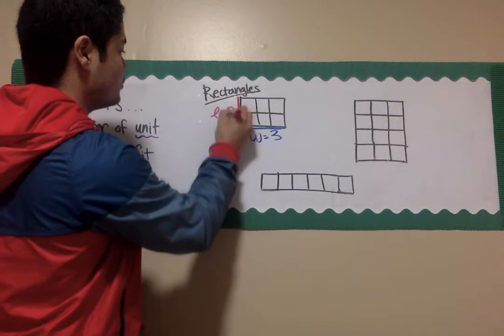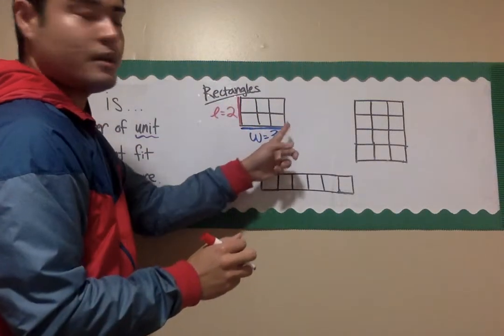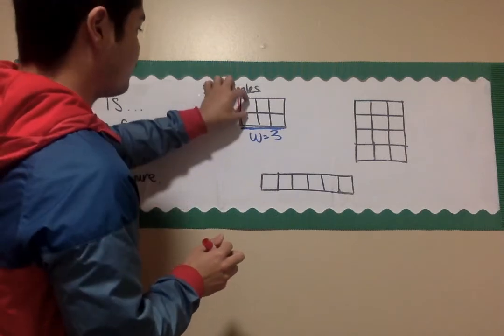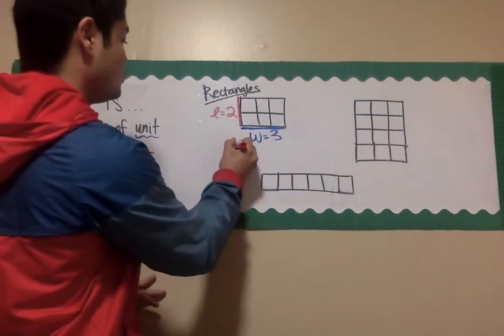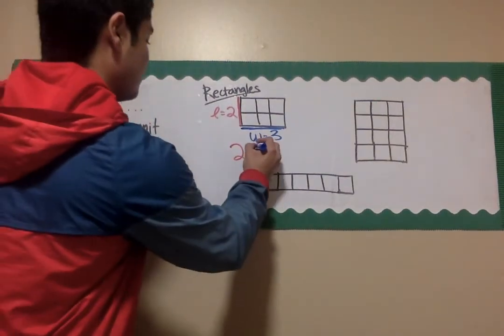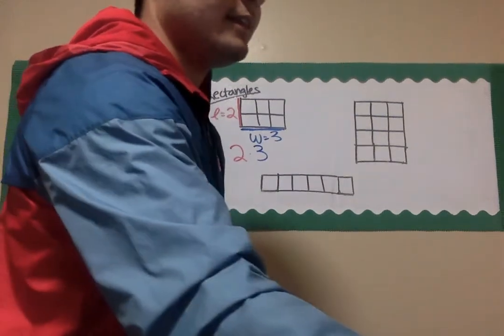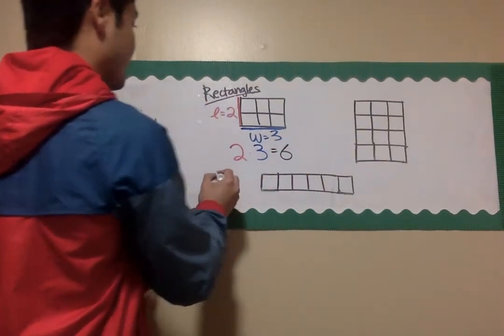L equals 2. We have 2 rows and 3 columns. So for every group of 2 we have, there are 3 of them. So in other words, we'll do 2 times 3. And this area equals 6 unit squares.